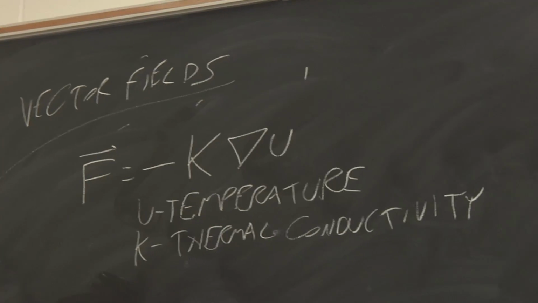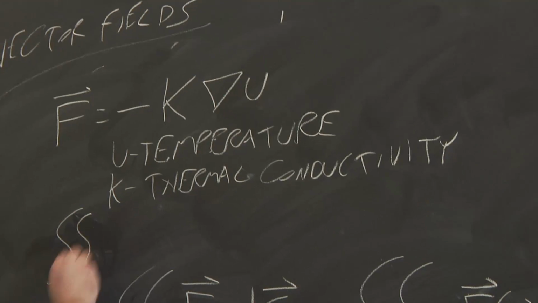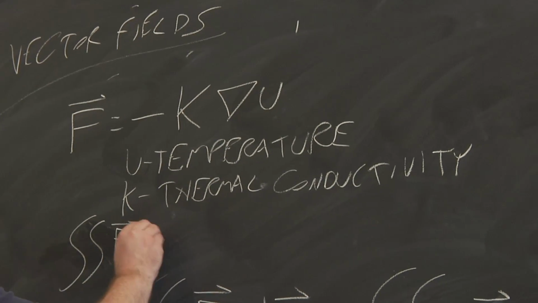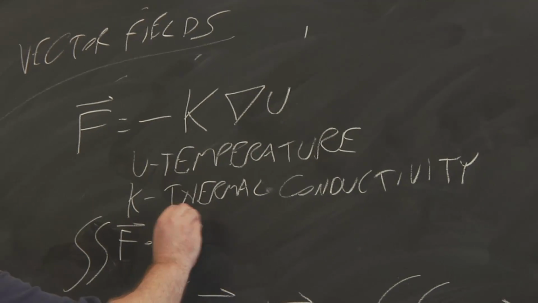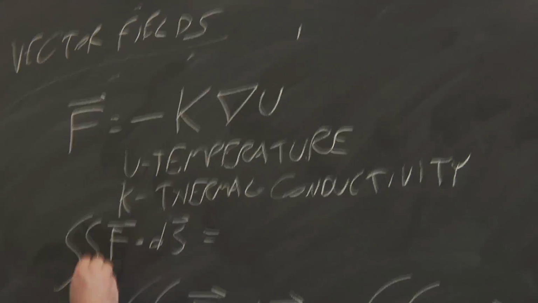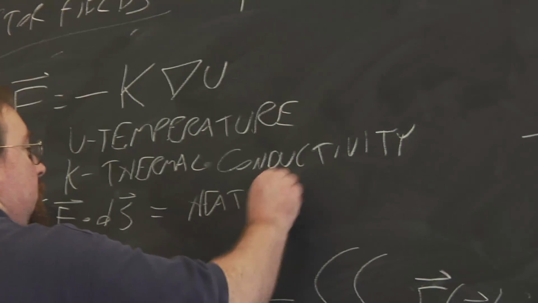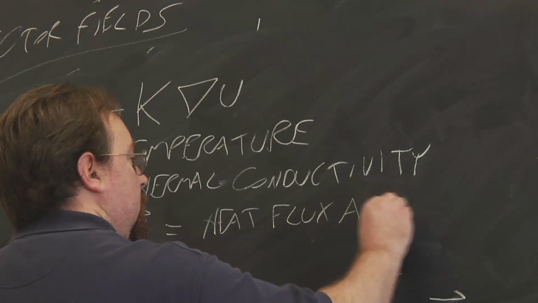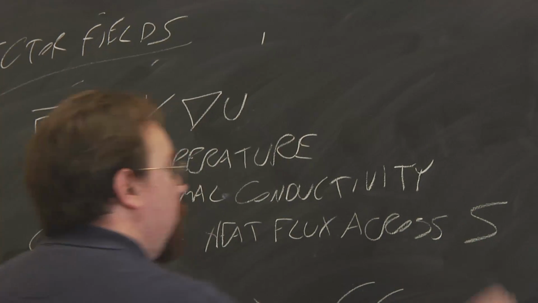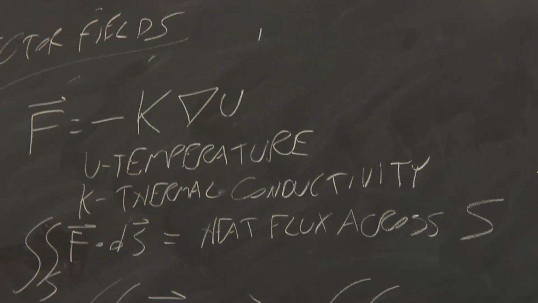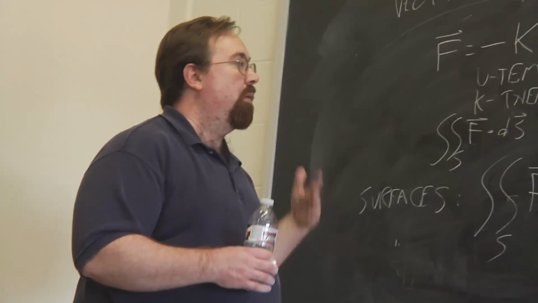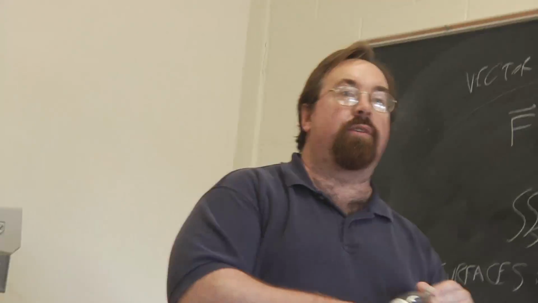So in this case, the surface integral of this vector field, that's called the heat flux across the surface S. So it measures how much heat energy is passing through the surface per unit of time.